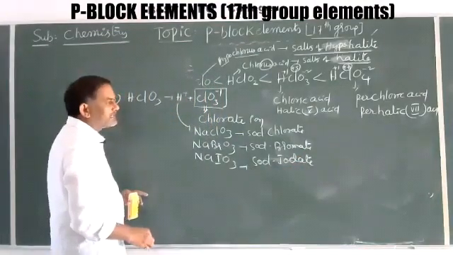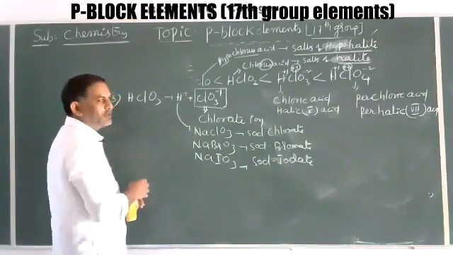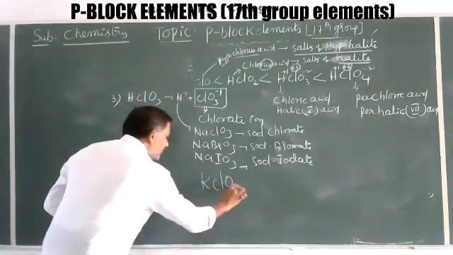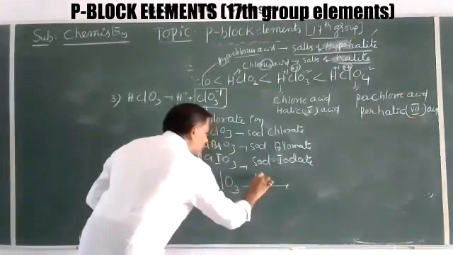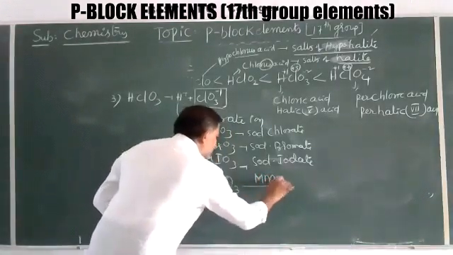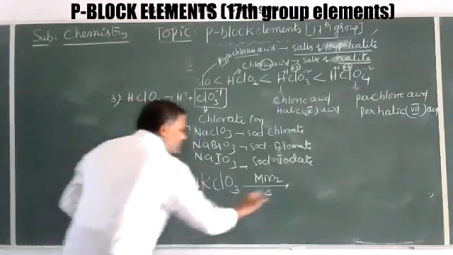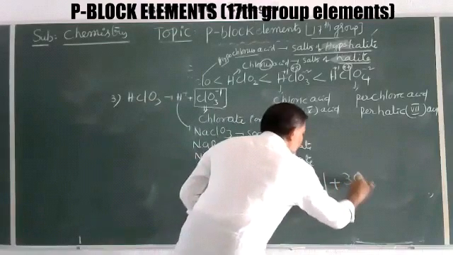Now in surface chemistry and in p-block elements, one question is given to you: KClO3 on heating with manganese dioxide, MnO2, here 2 moles, gives 2 KCl plus 3 O2.